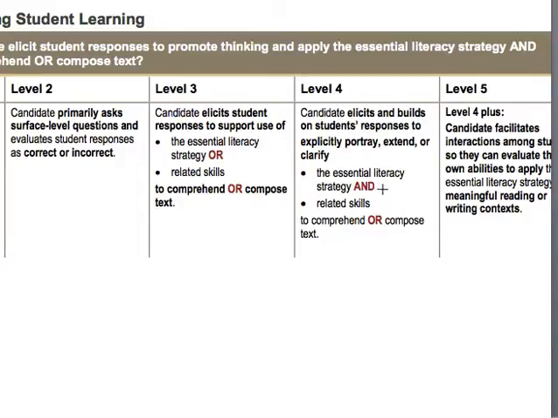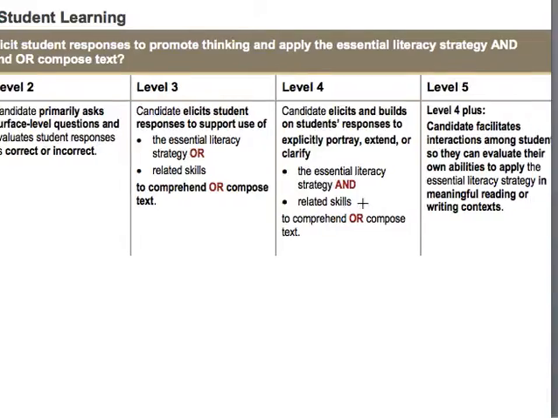Again, in this case also, you are doing this for the strategy and the related skills. So there needs to be that bridge between those two things. You have this complex strategy, you broke it down into component skills, and you are constantly making reference to that strategy when you talk about those individual skills.